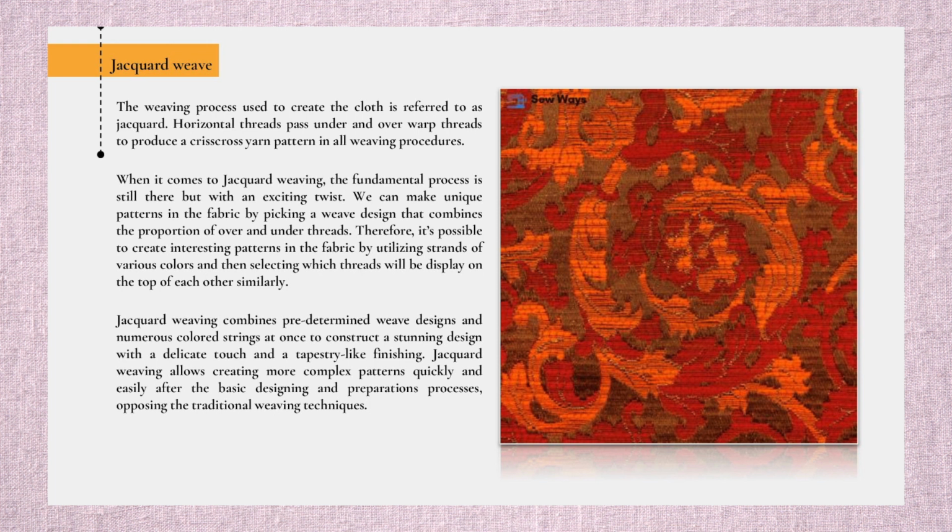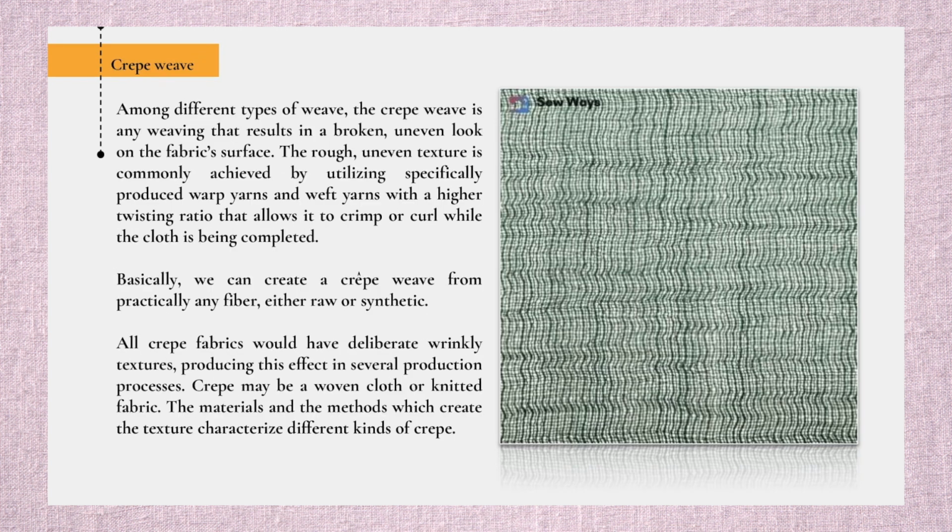Therefore, it's possible to create an interesting pattern in the fabric by utilizing strands of various colors and then selecting which thread will be displayed on top. Jacquard weaving combines a predetermined weave design and numerous colored strings at once to construct a stunning design with a delicate touch and a tapestry-like finish.